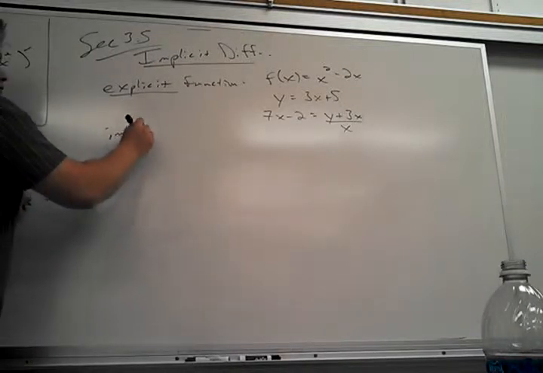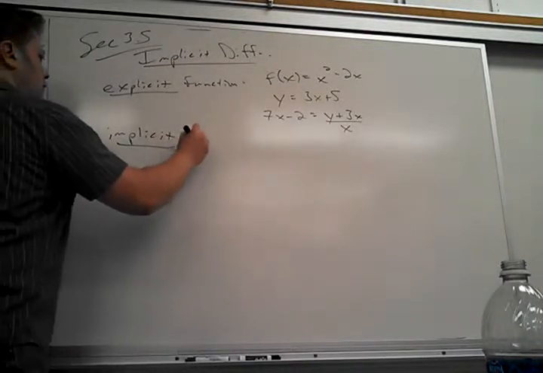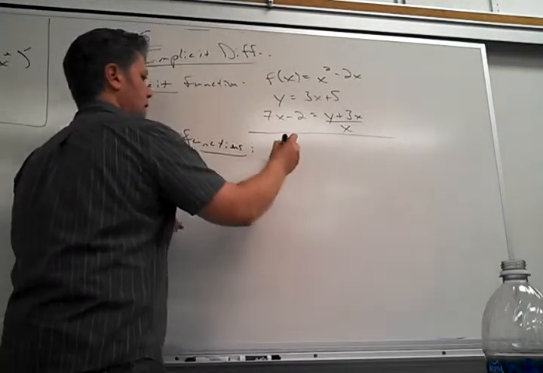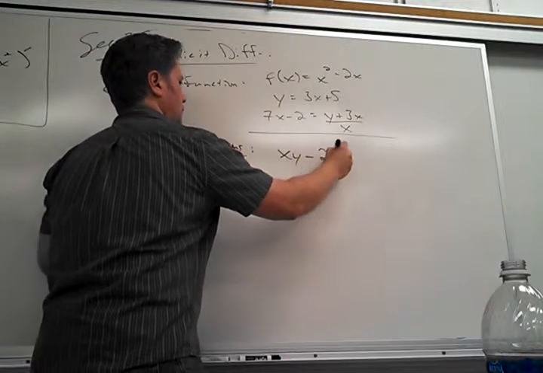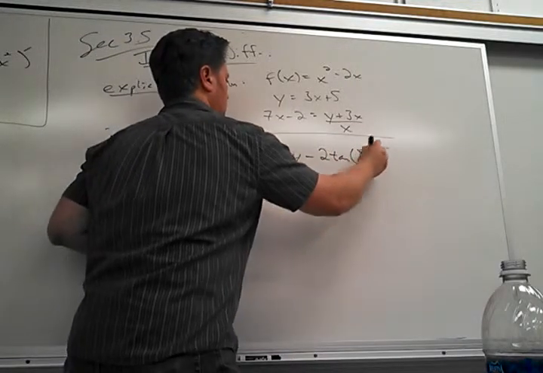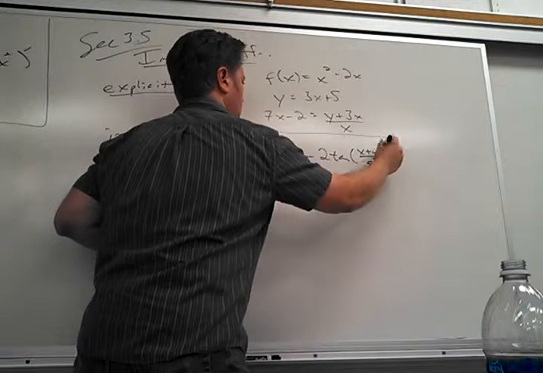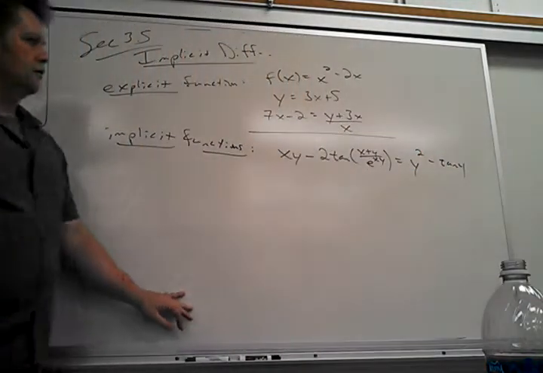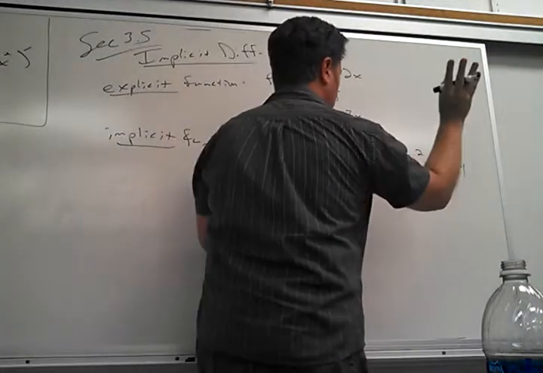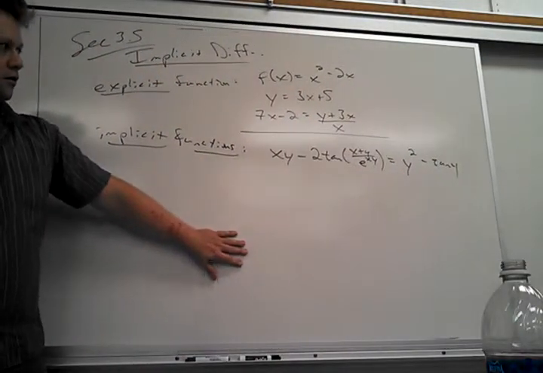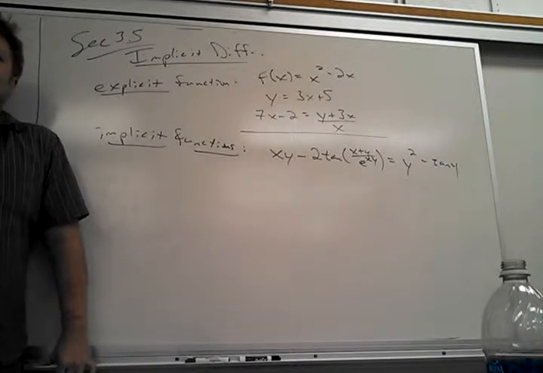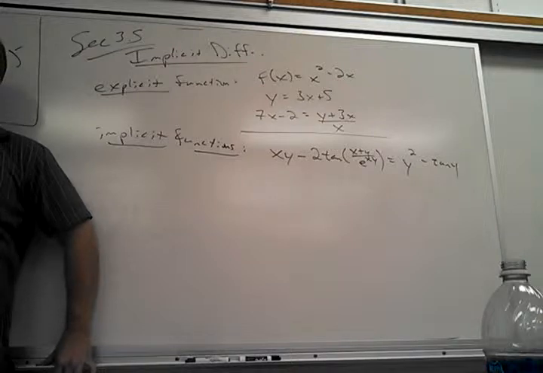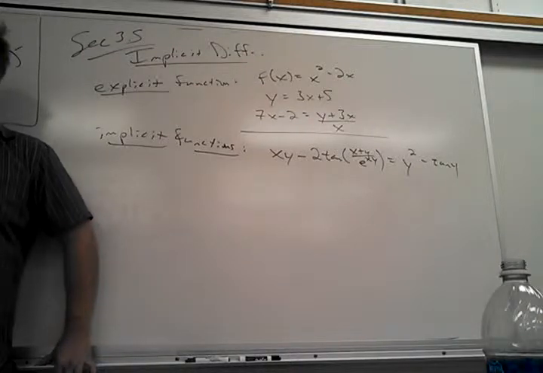Here's implicit functions. It would look like this. I like it. I don't know why I used tangent twice, but who cares? Can you solve that for y? If you can, please do, and let me know. You guys understand what's going on?